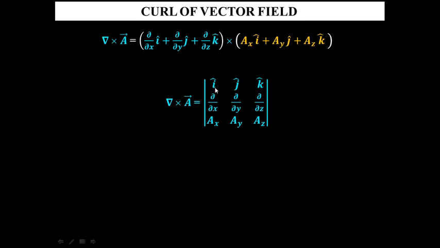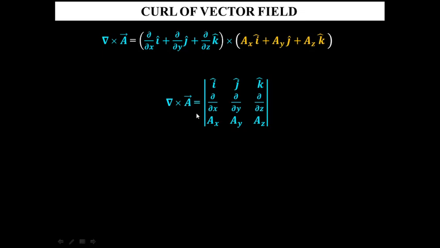We have to write in the first row i, j, k, in the second row the x, y, z components of the first vector, del by del x, del by del y, del by del z, and in the third row the x, y, z components of vector A: Ax, Ay, Az. This is a 3 by 3 determinant, and we can solve it easily.